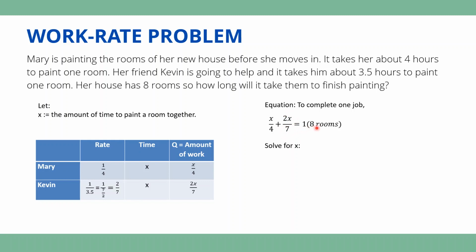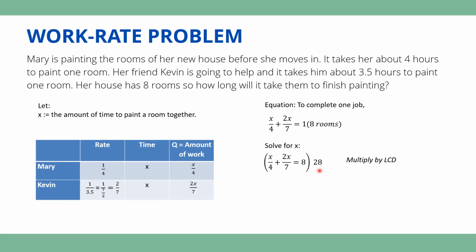Then, we can now solve for x. Same process. We have our working equation, x/4 plus 2x/7 equal to 8. Find their LCD. The LCD of 4 and 7 is 28.